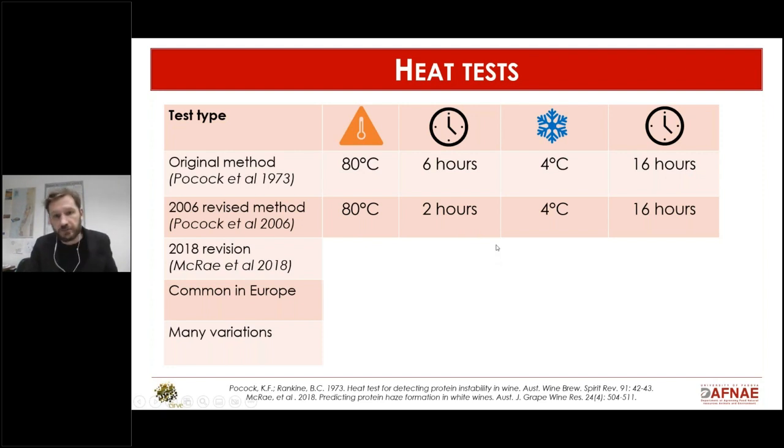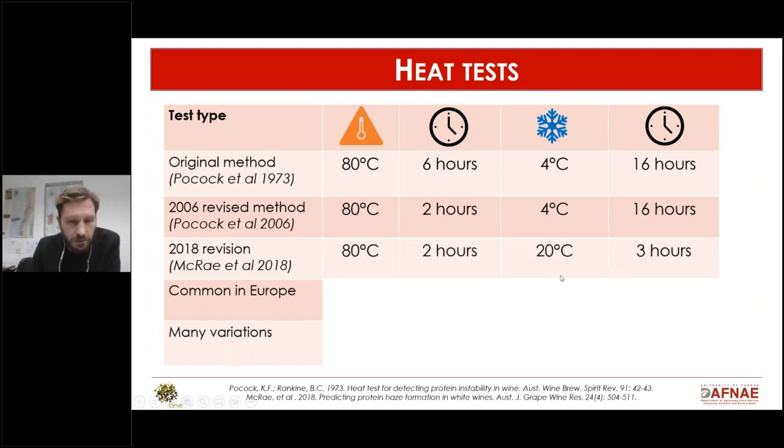By looking at whether the test worked well or not, they could cut back or adjust the length of heating required, which was brought down to 2 hours from the original 6. They didn't touch the temperature, or the length of the cooling step.